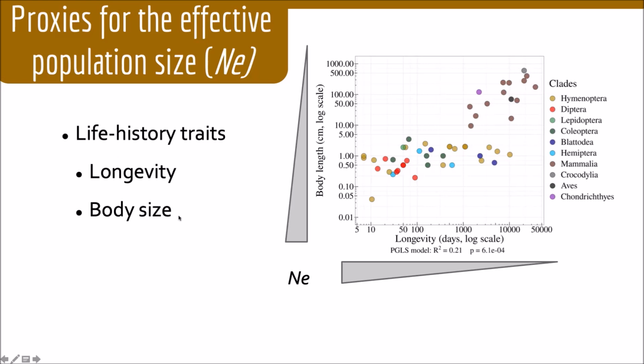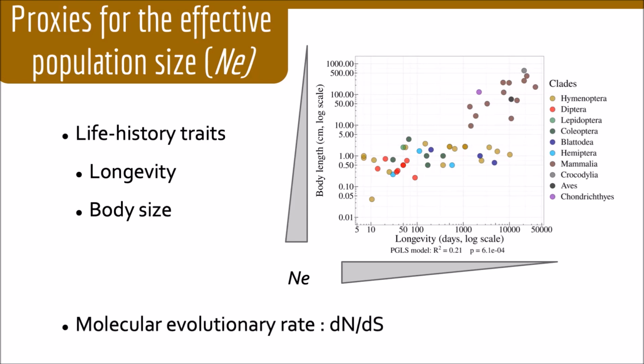So we used longevity and body size as proxies for Ne, the effective population size, because it is known that long-lived species and large animals tend to have a lower effective population size.